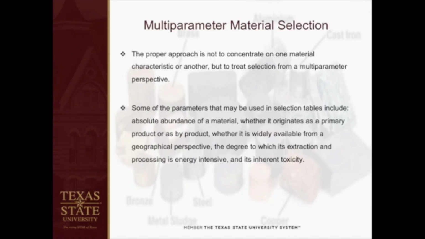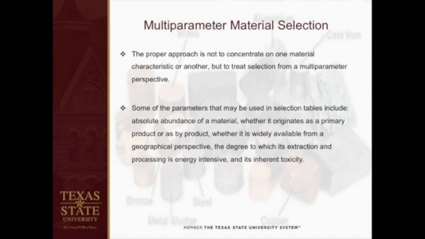So what are some of these parameters we might look at? You know, we might look at the absolute abundance of the material. Is it available by itself, or does it appear as a hitchhiker material? And then we also look at how energy intensive it is to mine and process this. What kind of environmental toxicity does this material pose? Is it possible to recycle it?